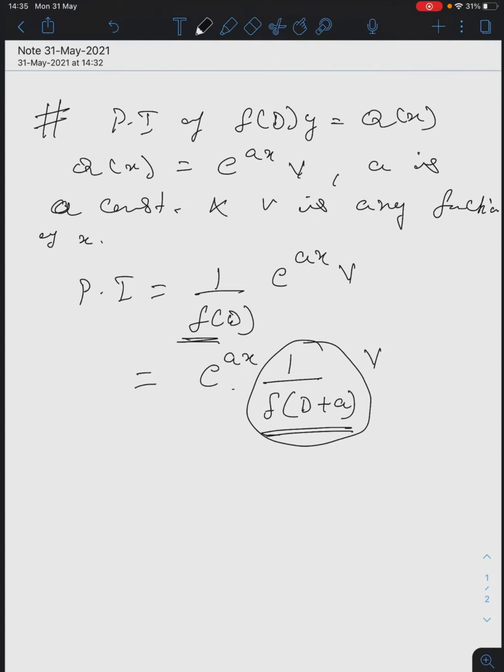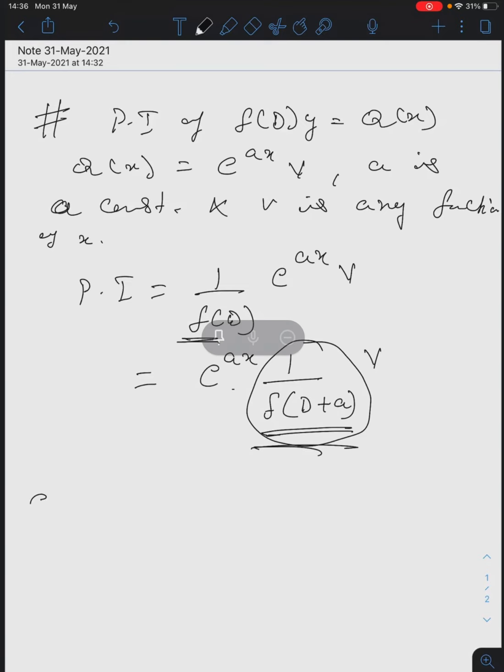You have learned the previous methods: v can be a sine function, a cos function, an x to the power k kind of function, a polynomial in terms of x, or even any other function, and you know how to find the particular integral by previous methods. Got it, all of you?